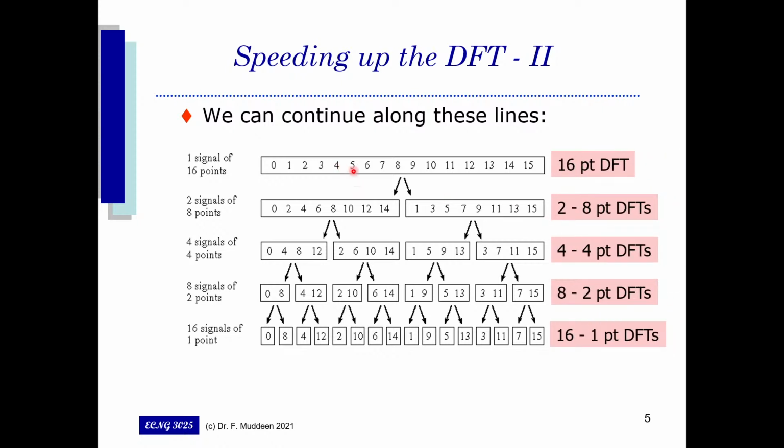So we started off with 1 signal by 16 points, then we go 2 signals by 8 points, 4 signals by 4 points, 8 signals by 2 points, and then 16 signals by 1 point. And in doing all these splits here, we're going to observe in the next few slides how this actually speeds up the DFT.